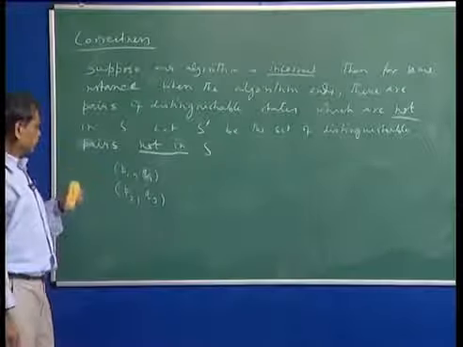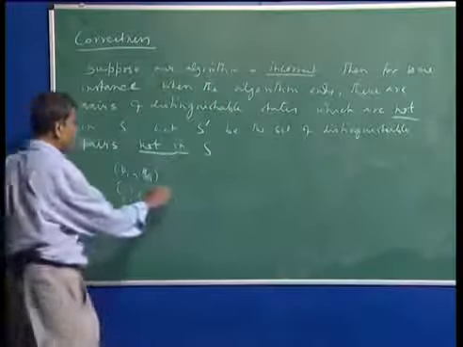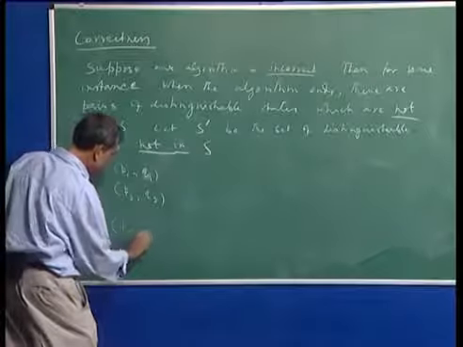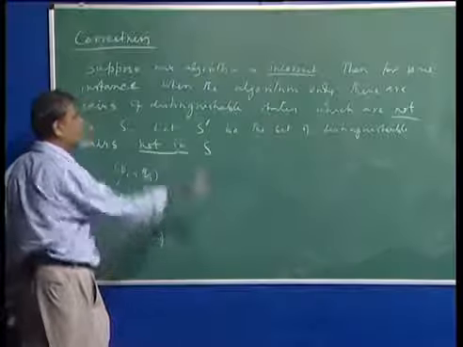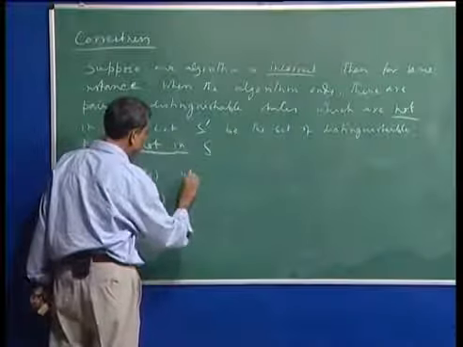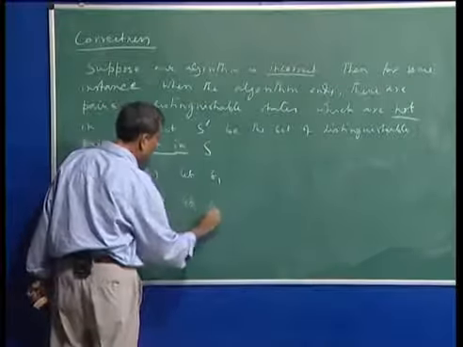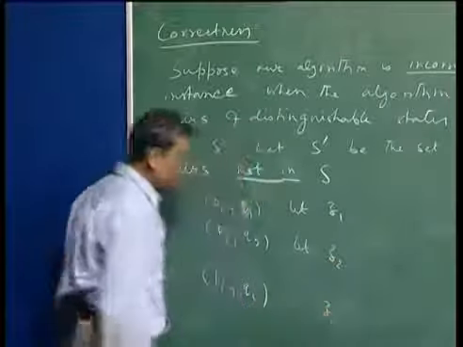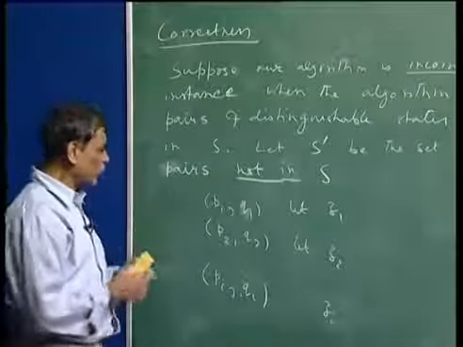And now, for each such distinguishable pair Pi, Qi which is not in S, let there be a string Zi. These are strings, and what are these strings? They distinguish these pairs.